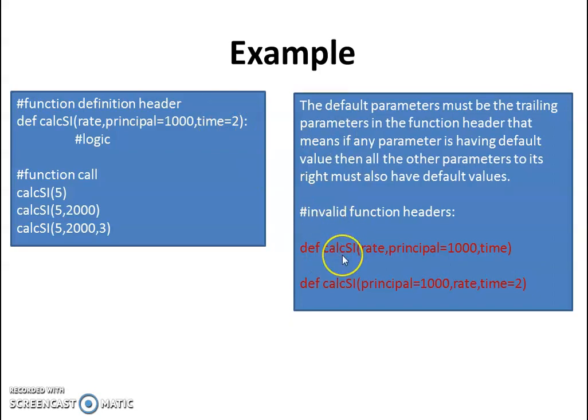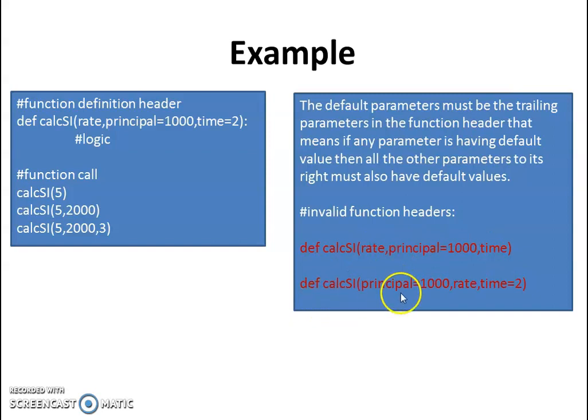In this function header, you can see this is invalid: the first parameter is rate, the second is a default parameter as we have assigned a default value to it, and next we have a normal parameter, right? A default parameter must be followed by default parameters. So this is an invalid function header.